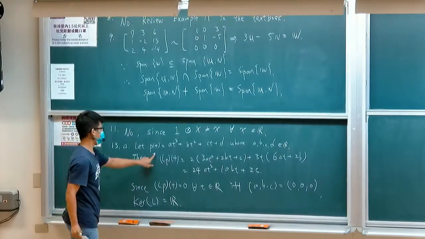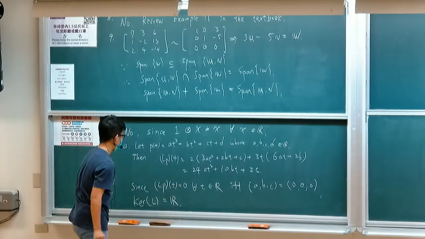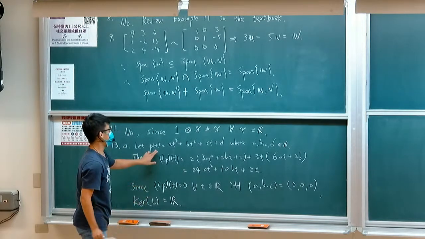So if L of P is 0 for all t, the only possible solution is P is a constant.